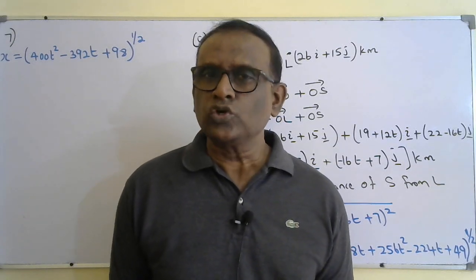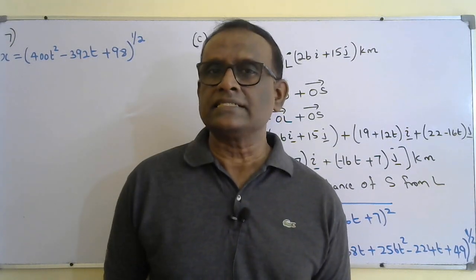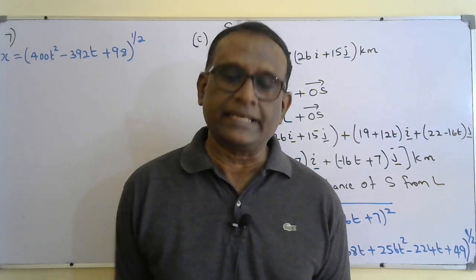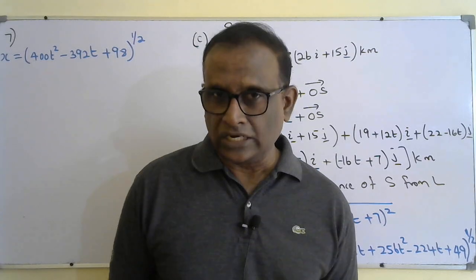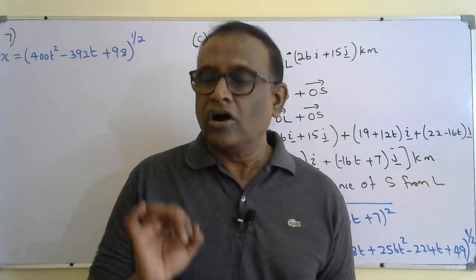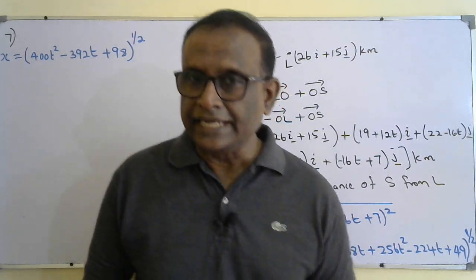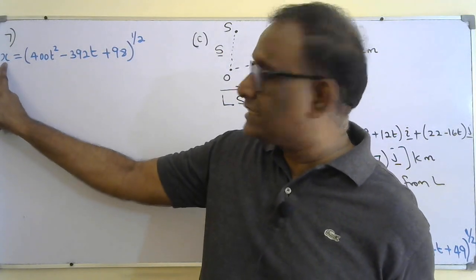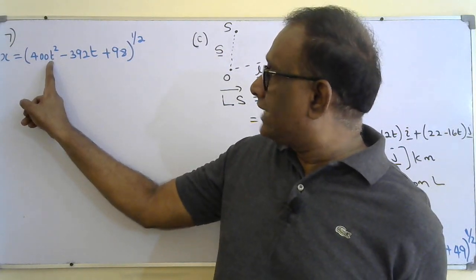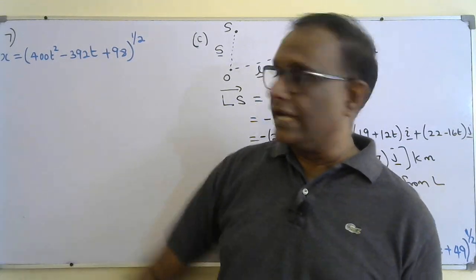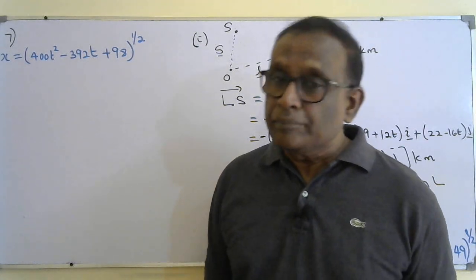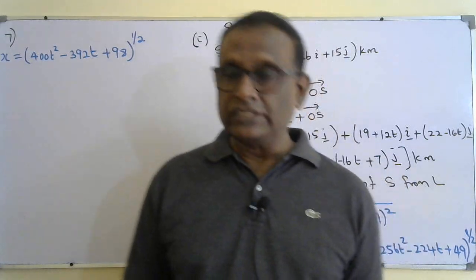So we'll find what could be the closest distance the ship approaches from the lighthouse. The closest distance means the minimum distance of the ship from the lighthouse, so I need to find the minimum value of x, because x is a function of time. When the time changes, x is going to change. So x is a function of time. I need to find the possible minimum value of x, so I need to differentiate it.